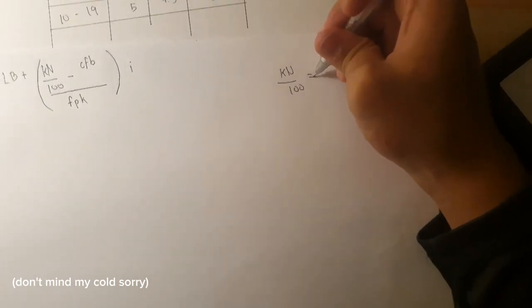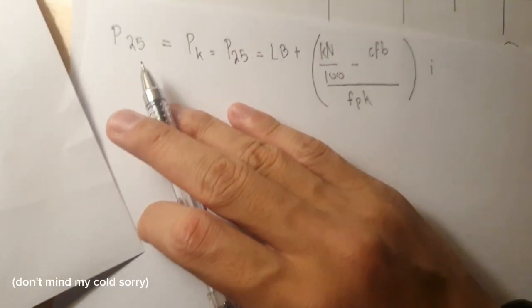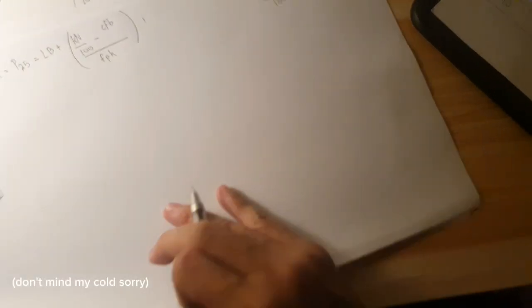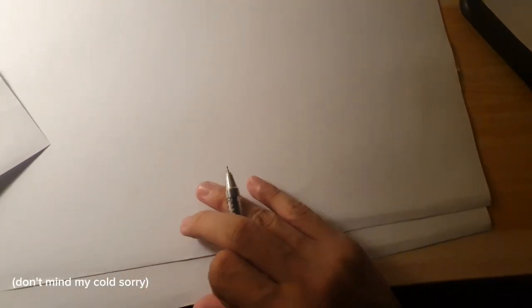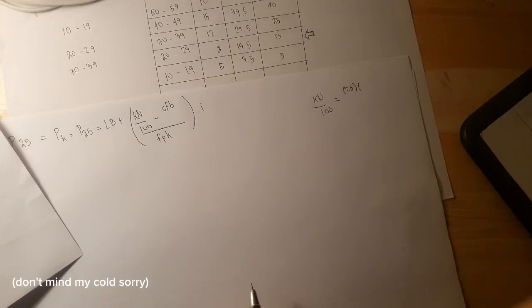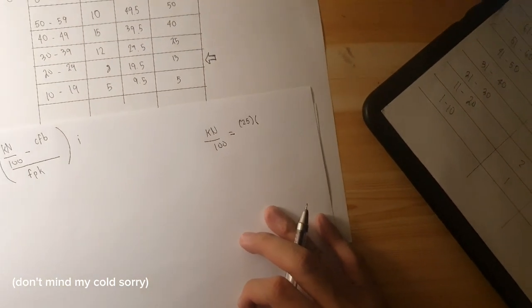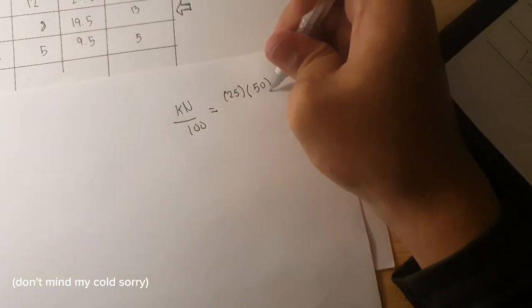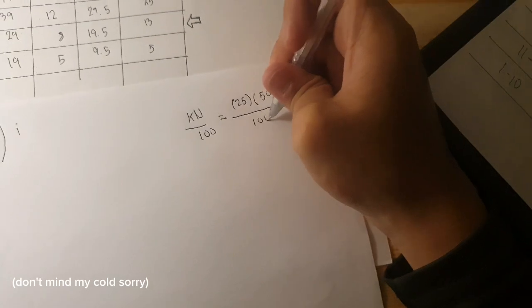The K that we are looking for is 25, times the N, which stands for the total frequency, based on the cumulative frequency, 50, divided by 100.